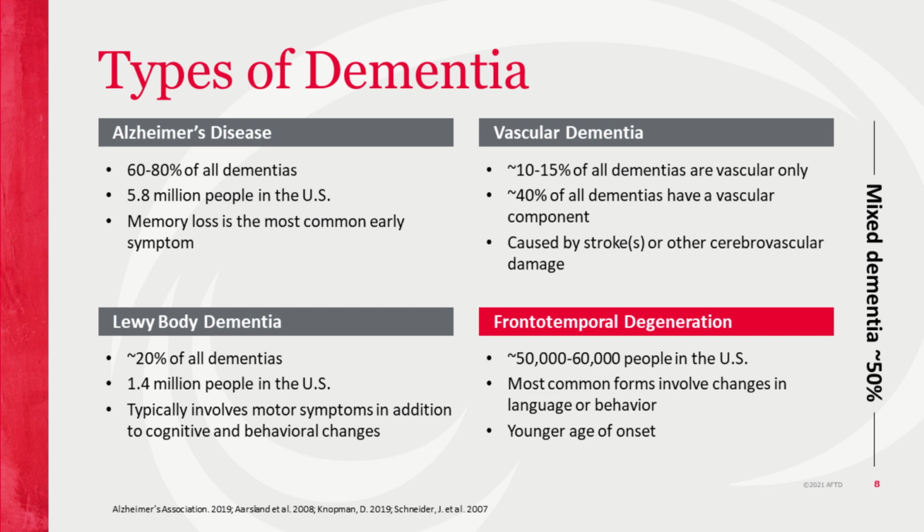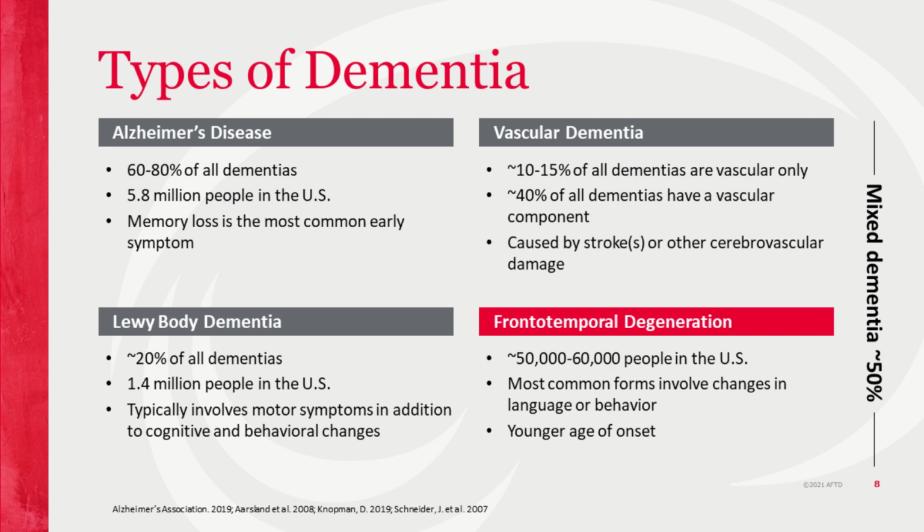Vascular dementia is roughly 10 to 15% of all dementias when it's purely just vascular dementia, but vascular dementia can be part of what's called mixed dementia, approximately 40% of the time, where the person has vascular dementia and another type of neurodegenerative disorder. Vascular dementia is sometimes caused by a major stroke, a number of mini strokes, or some type of cerebral vascular event or damage.